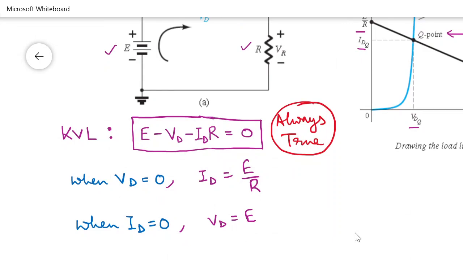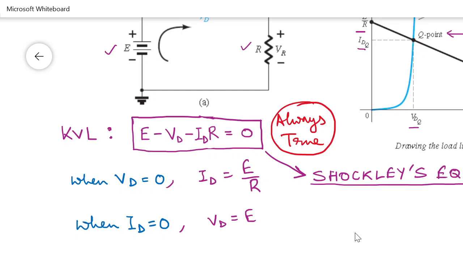In this particular series circuit, along with this KVL, the other truth, as I pointed out, is this diode characteristics, which is nothing but the Shockley's equation. So, you are basically solving the KVL as well as the Shockley's equation at the same time. So, you are solving a non-linear equation and a linear equation. The solution would become complicated because of the non-linearity in the Shockley's equation.